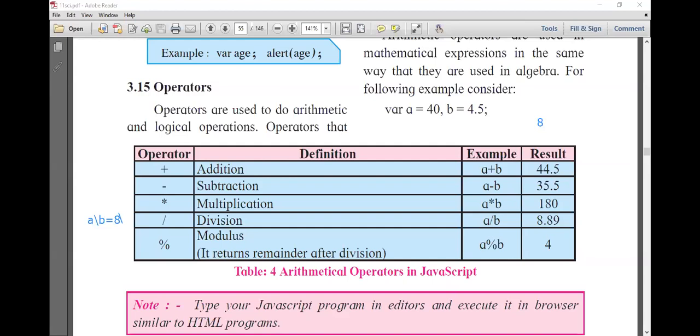Before you tell me, can you hear me properly? Because Joshi is saying he cannot hear properly. Hello everybody, are you there? Is there any problem with the sound? Yes, reply to me.